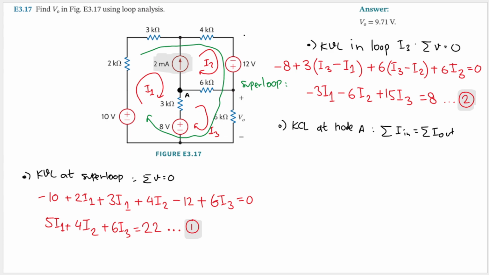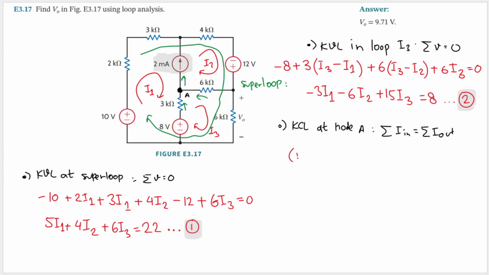Let's see the currents that go into node A: this current here and this current. Let's assume this one is going up. This current going up is I3 minus I1. Then this current going to the left is I2 minus I3.